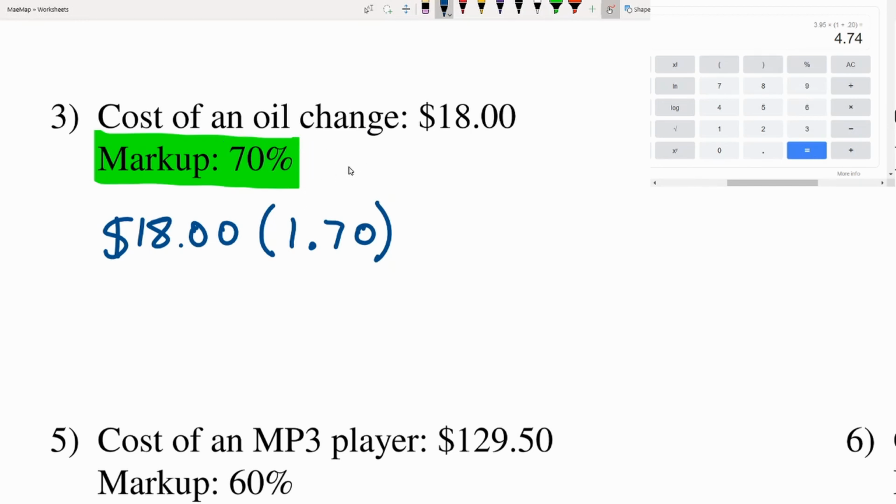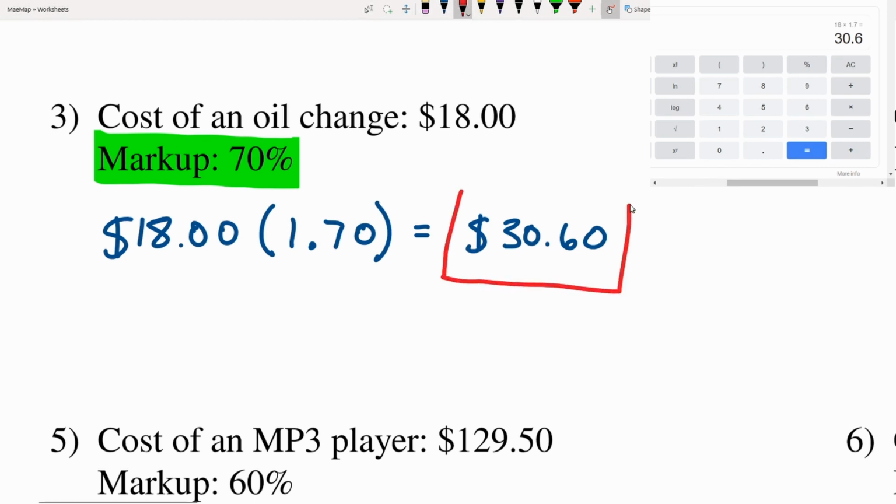I'm adding 70% in decimal form, which is 0.7, to 1 to get that full markup. This 1 is kind of like the original price, and then we're adding 0.7 of that original price. So we'll have $18 multiplied by 1.7 to get a total of $30.60. So $30.60 is the new cost of the oil change with the markup included.